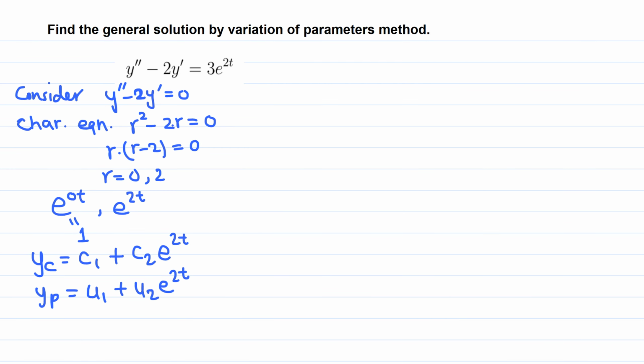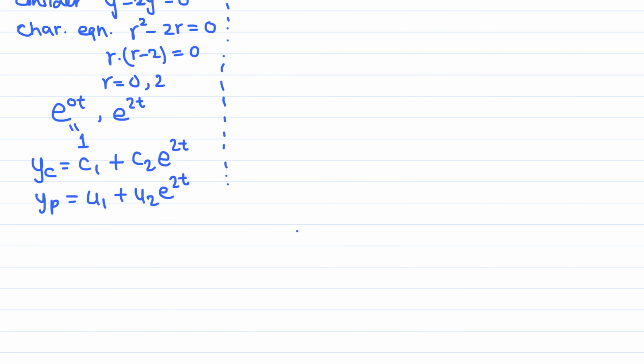Okay, let's find u1 and u2. For that, we need to determine the Wronskian. If you look at the formula, we need to find the Wronskian of these two functions, y1 and y2, 1 and e2t. We just write these functions in the first row and their derivatives in the second row.